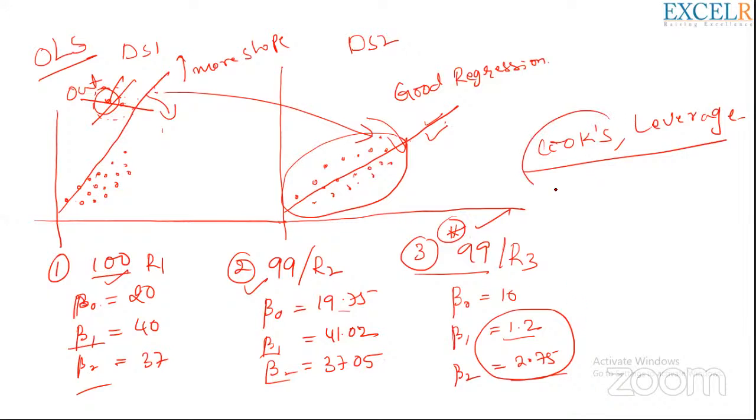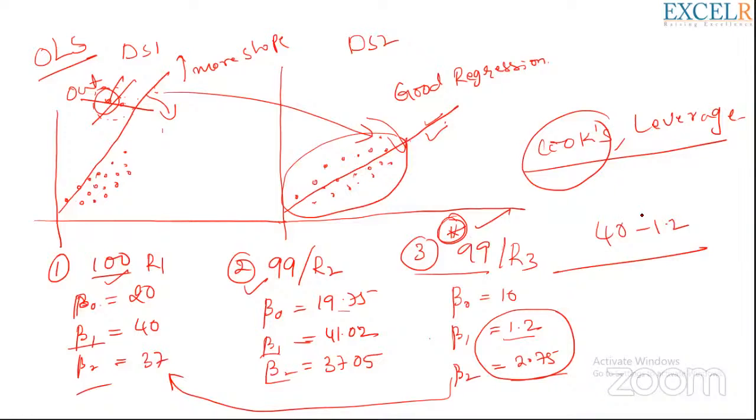That means the Cook's distance will help us detect which data point, when you removed, causes a drastic change in the betas. The Cook's distance will give us this: if you remove one data point, then we compare the regression beta values of the full data with those of the subset. If the distance, say 40 minus 1.2, is huge, then we get the Cook's distance value.